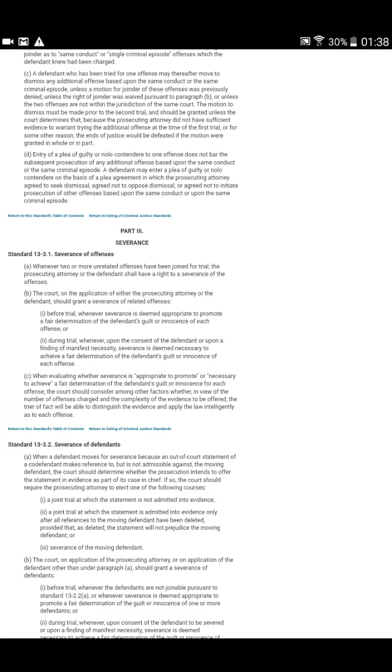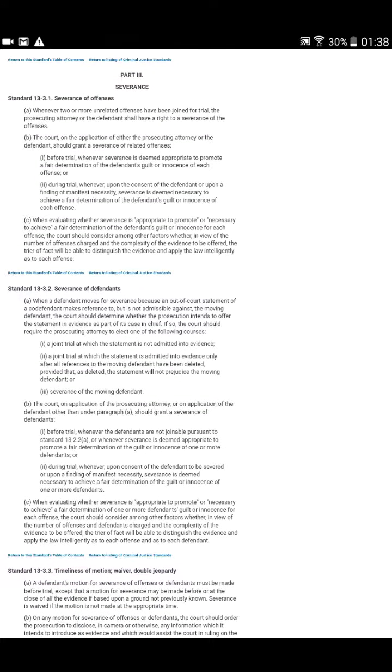So if you want to get into the federal venue, you're only going to be able to get into the federal venue if it's a matter over $75,000, because that exceeds the state and local municipalities' statute or scope of subject matter jurisdiction and personal matter jurisdiction if there's a corporation involved. But that's another video. Severance of offense.